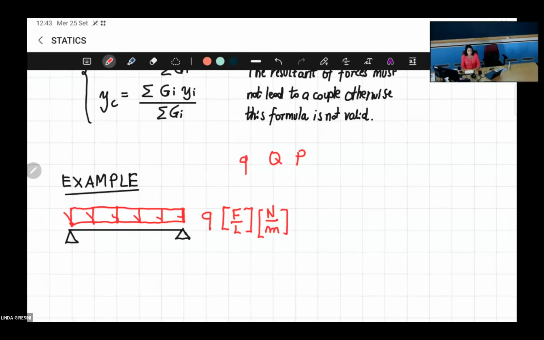It's a severe mistake because it's remarkably different. Lowercase q is called a line load or distributed load, which is different from capital Q, which is a concentrated load.